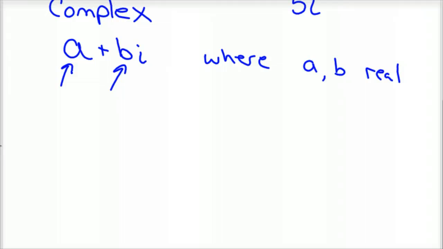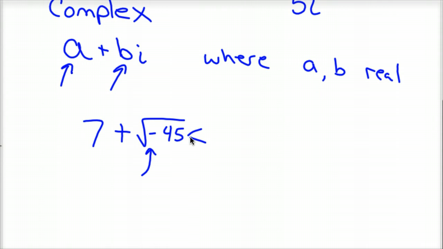So if you had, for instance, 7 plus the square root of -45, this is going to be a complex number because of that negative under the square root. 45 breaks into 9 and 5, and 9 breaks into 3 and 3.